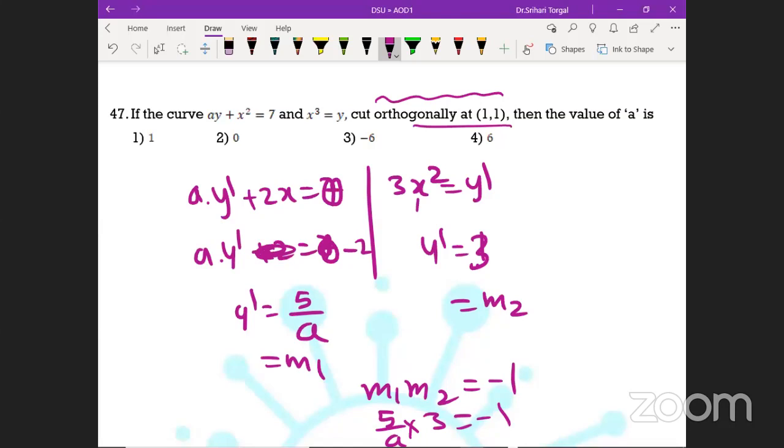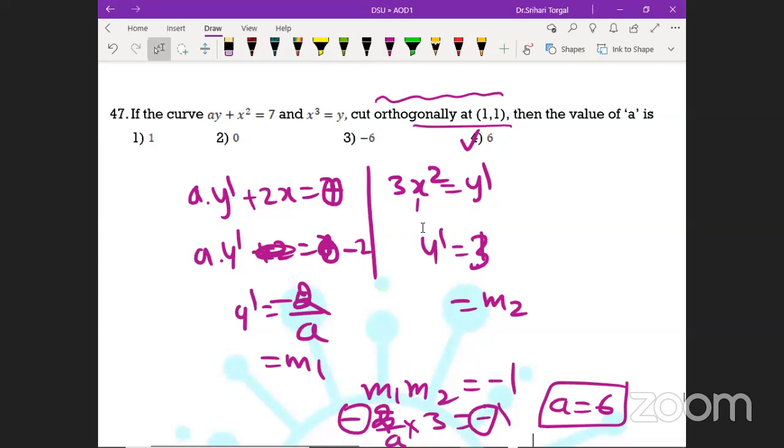You shift this here. -2 by a. Answer is 6. Plus 6 is the answer. Y dash is equal to -2 by a, and y dash is equal to 3. Okay. M2 is equal to 3. M1 is equal to -2 by a. M1 into M2 equal to -1. A is equal to 6. Got it?